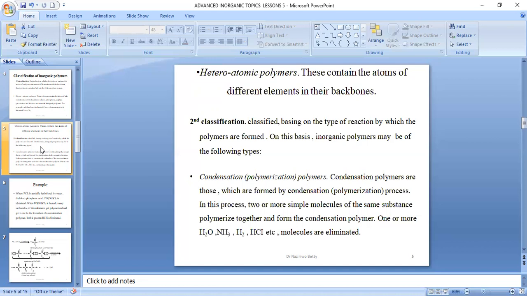These are formed by a condensation process in which two or more simple molecules of the same substance polymerize to form a condensation polymer. In this process, smaller molecules are eliminated, like water, ammonia, hydrogen, you can name them.